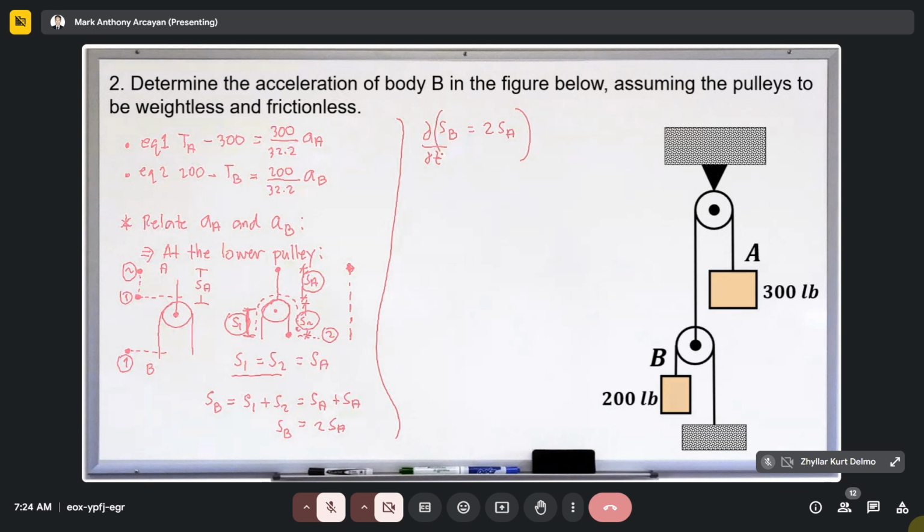okay, well, we can arrive at the instantaneous velocity.